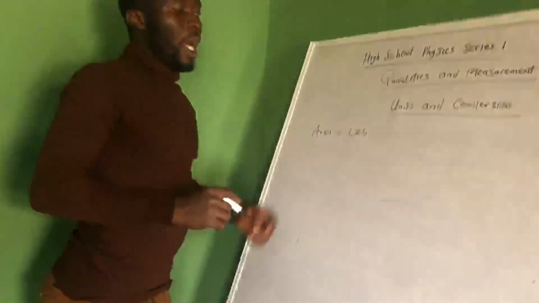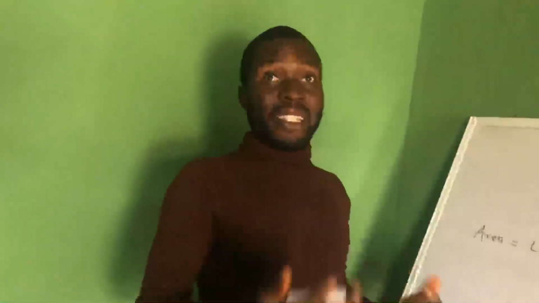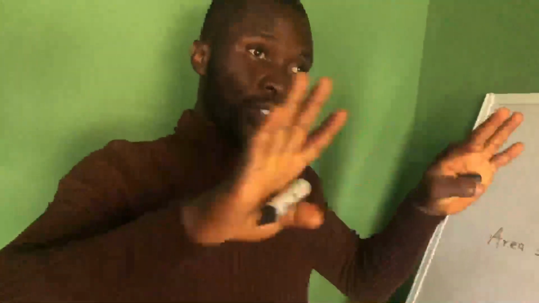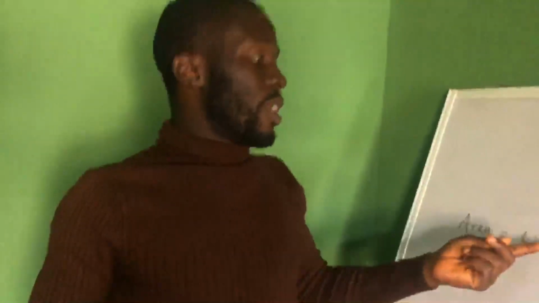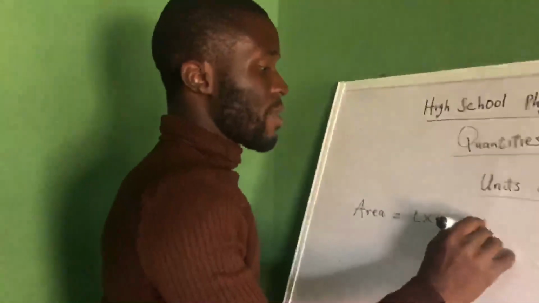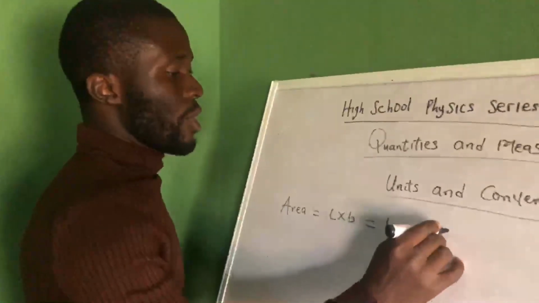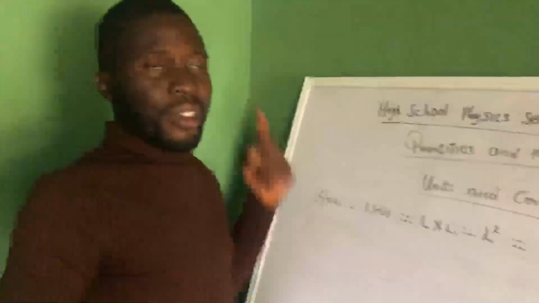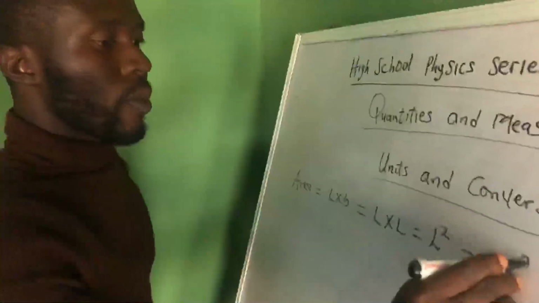But I need to tell you something. Breadth is also length. In physics, anything that has sides has to do with length. So the breadth is also the same thing as the length. So we can write area as length times length, which is L square. And you know length is a meter. It means the unit of area will be meter square.